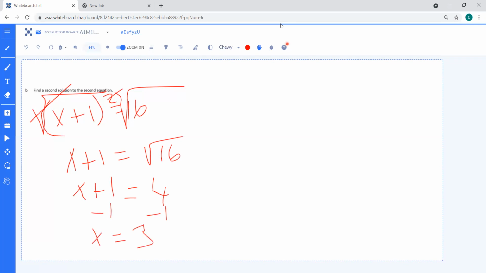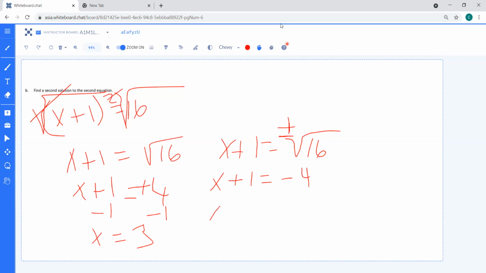Now, here's the cool part. Whenever you have x plus 1 equals the square root of 16, that's plus or minus. We used the plus 4 here. So now you have to use the minus 4. So the negative 4 times the negative 4 is 16.